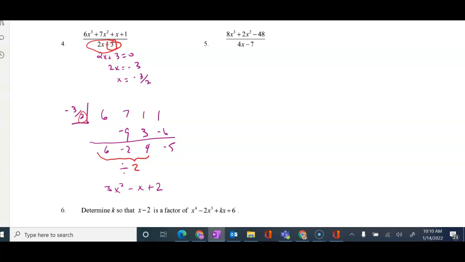But the remainder is the same, a negative 5 over 2x plus 3. That's how we compensate for having a lead coefficient that is not 1.